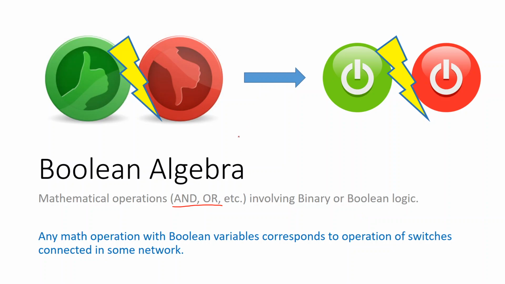So for a mathematical expression using AND, OR, etc., these operators, we would be able to construct the circuit or the network of switches in the computer, and that particular mathematical operation would be physically implemented, and we would get the result also.